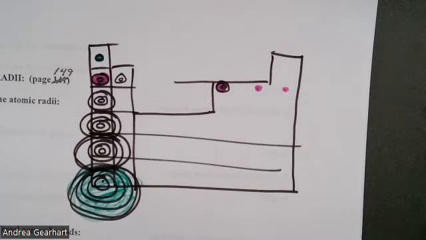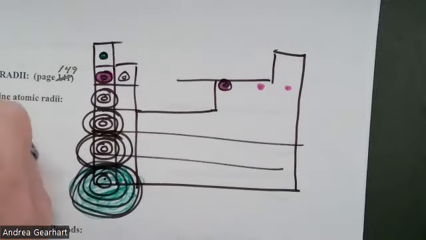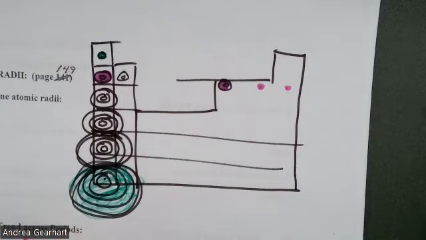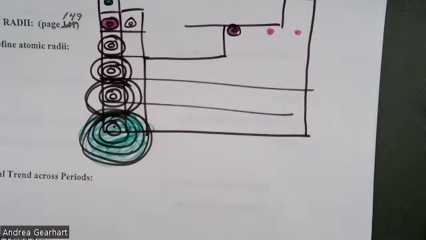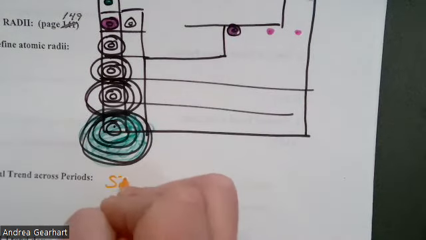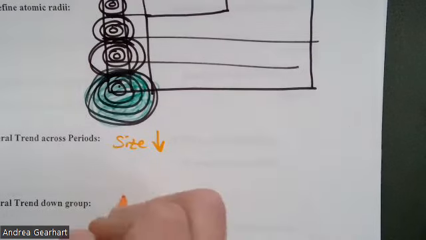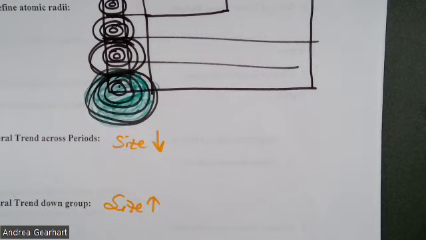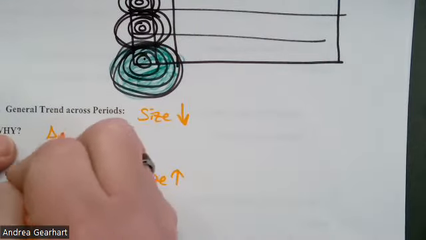Ryan, if you wouldn't mind helping me. Okay, so across a period, the size goes down. Down a column. Okay. Change in nuclear strength, Ryan.